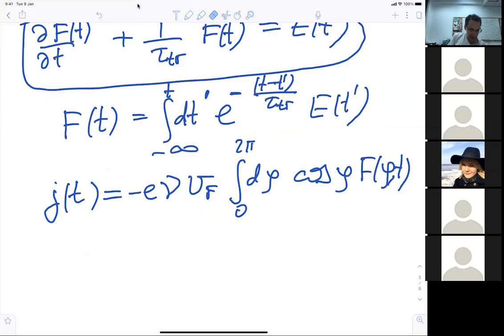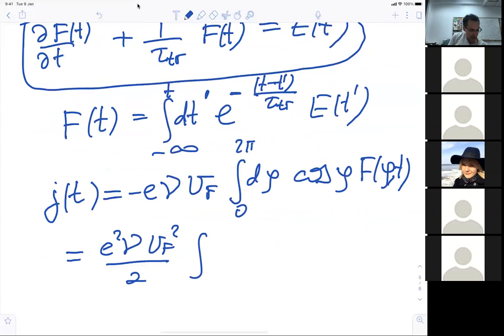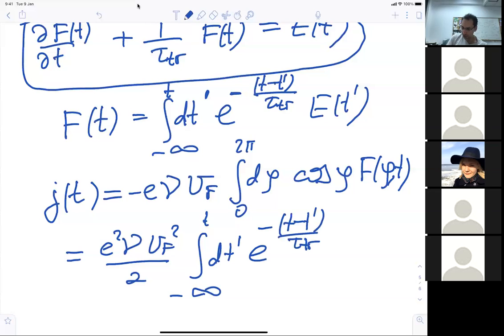So I plug it in and I get that this thing is equal to E squared times density of states times V Fermi square over 2 integral from minus infinity to t dt prime e to the minus t prime divided by tau transport E of t prime.